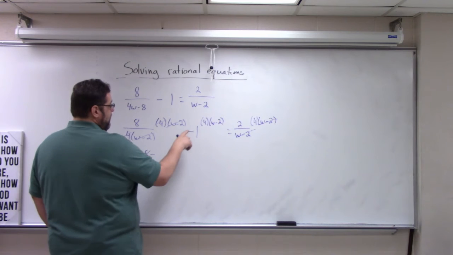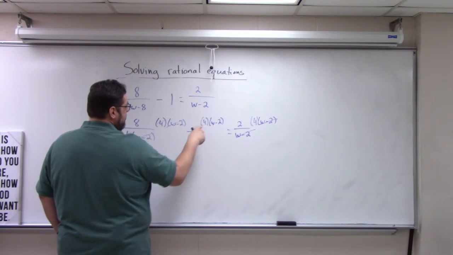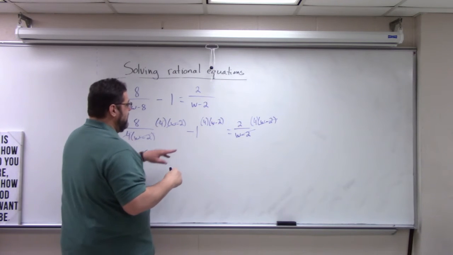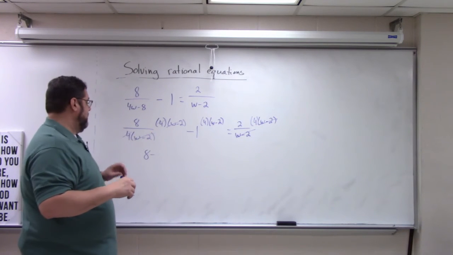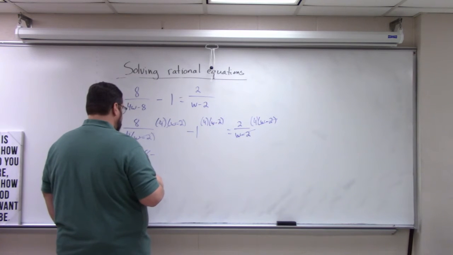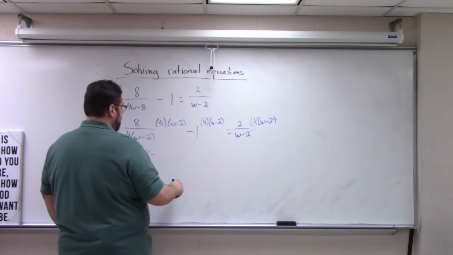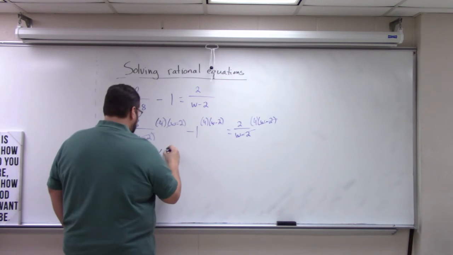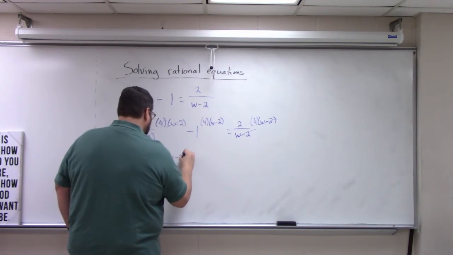All right. Then we have minus 1 times 4 times w minus 2. This is where we have to be careful because of this minus. I'm trying to think how I want to do that. Look. 4 times w minus 2 is 4w minus 8.